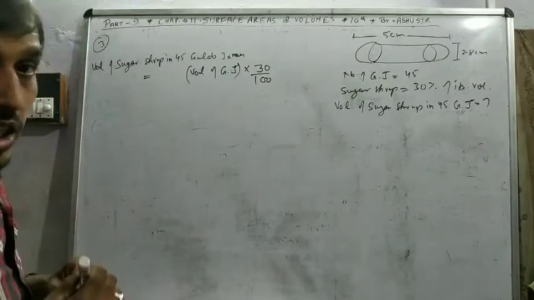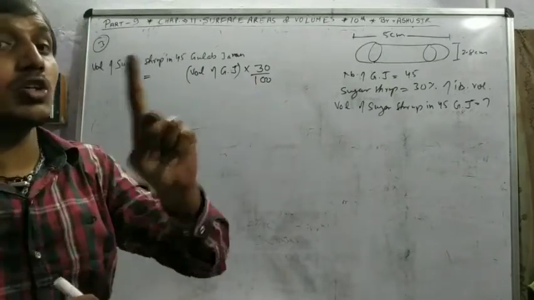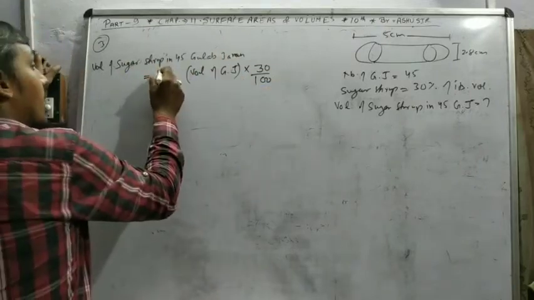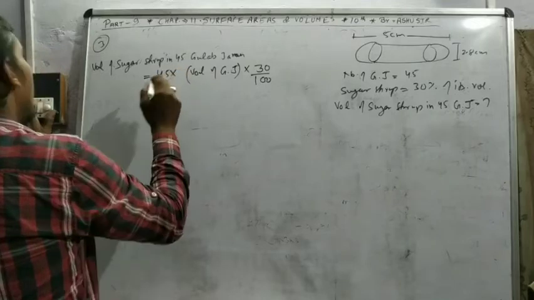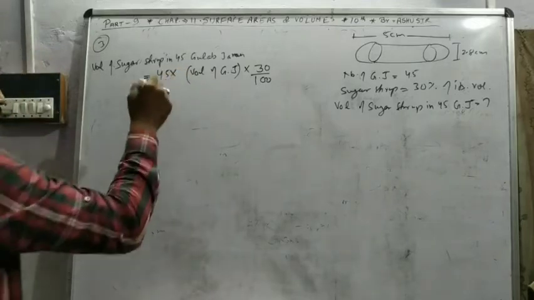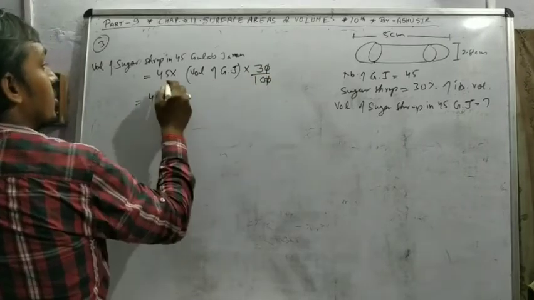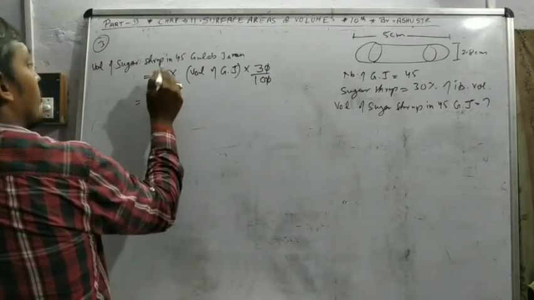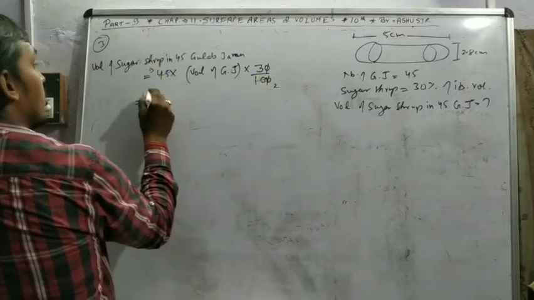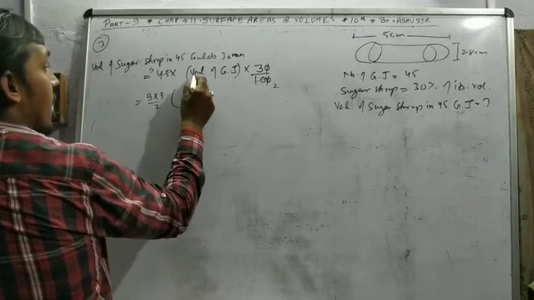So this whole is the volume of sugar syrup in one gulab jamun, but we have 45 gulab jamun, so multiply by 45. Then put all the values: 45, 0 cancel. 5 9 is 45, 5 2 is 10. So 9 into 3 by 2, and the volume of gulab jamun.